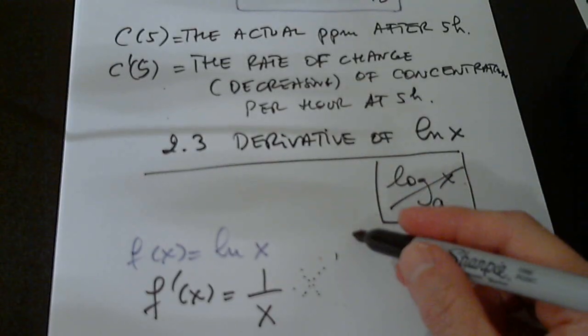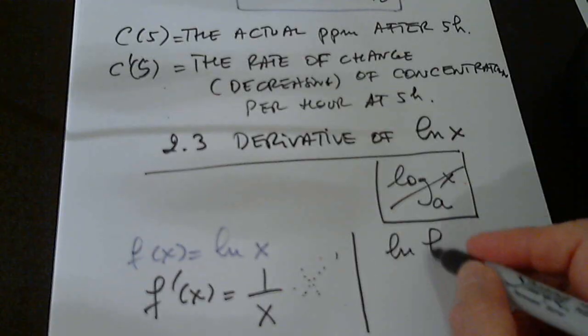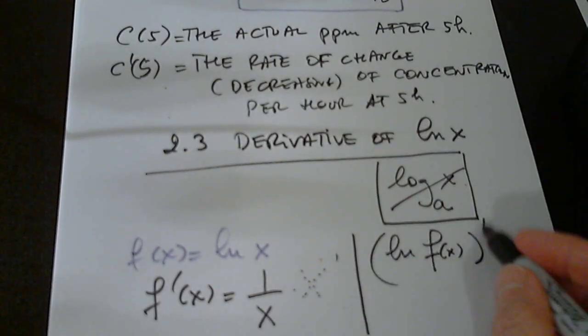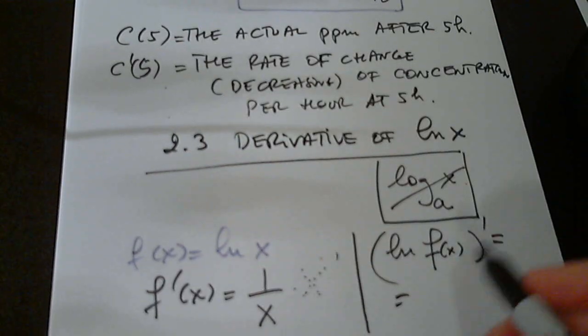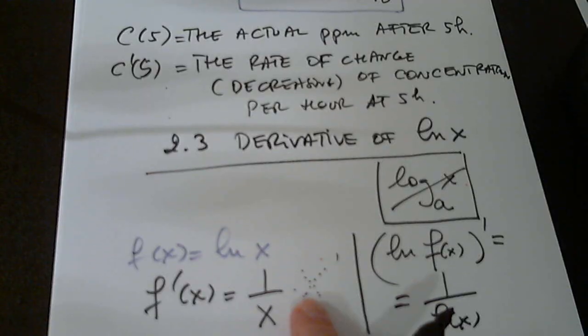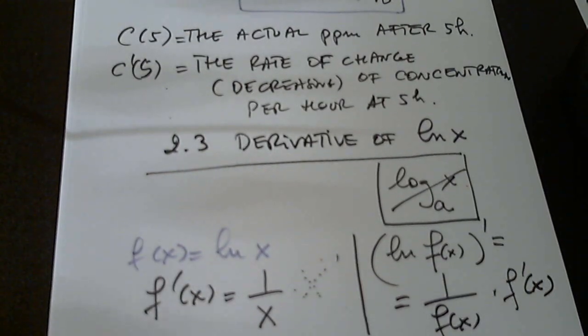Of course, this is the same formula for the situation in which we have the natural log of a function. So this prime is 1 over the function, but times the function prime. That's all there is to it.